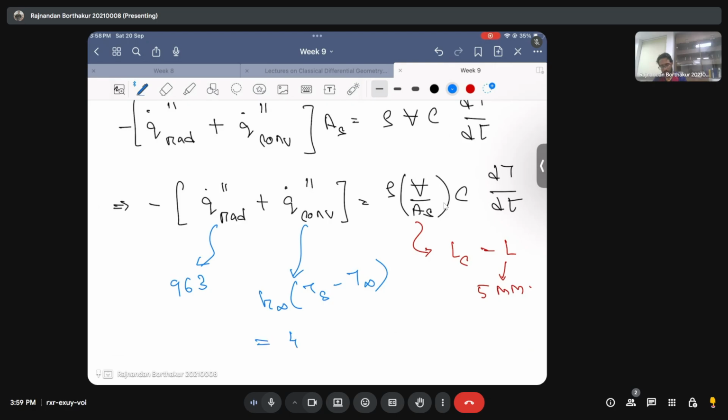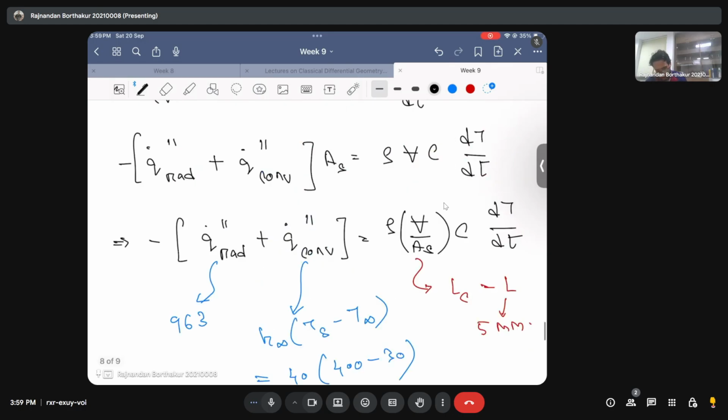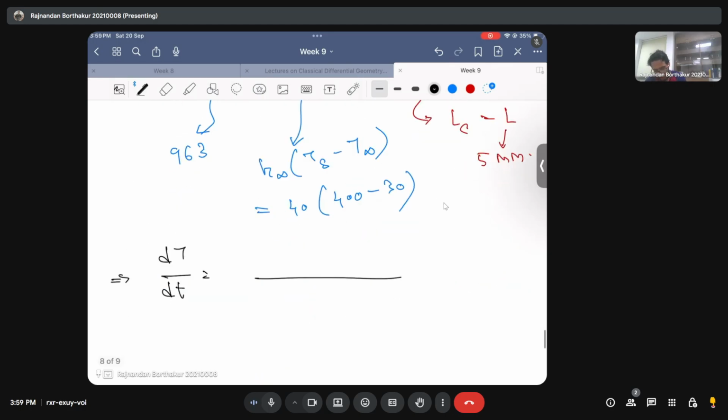Because h infinity is 40, and Ts is 400 minus 30. Which means we can now formally write that dT by dt is equal to minus of 963 plus 40 times 400 minus 30, divided by the density.